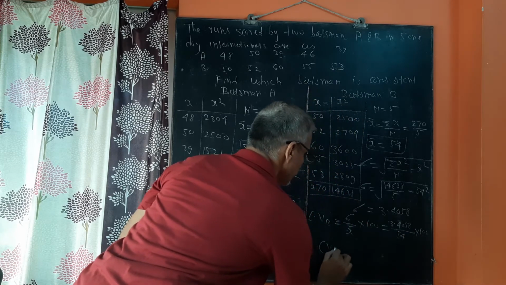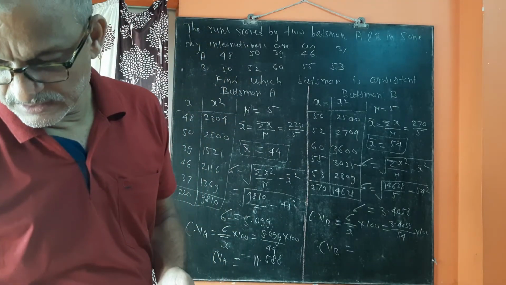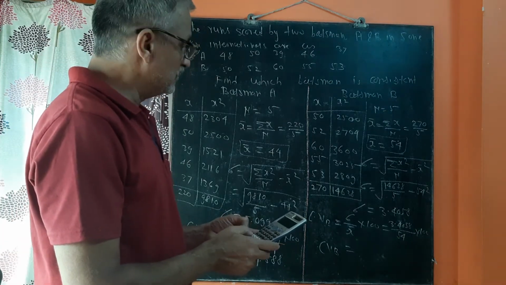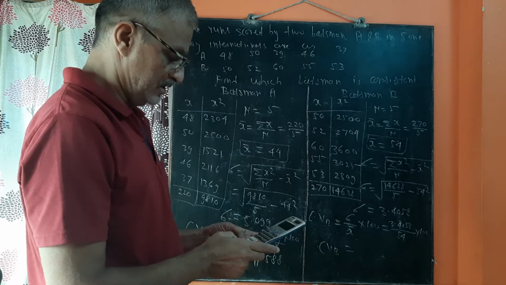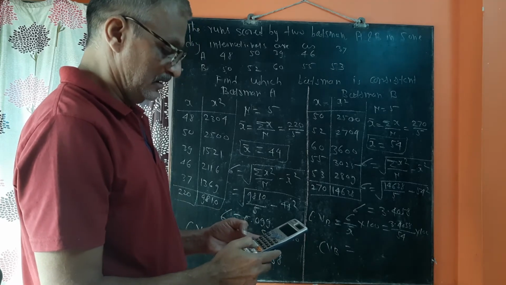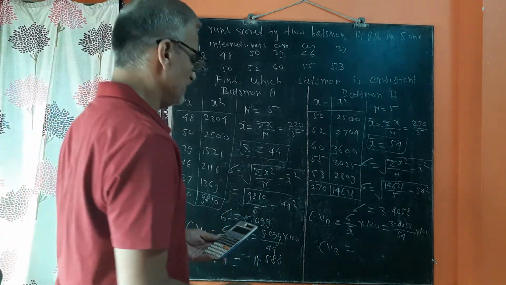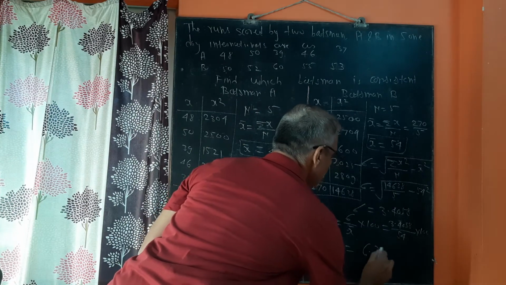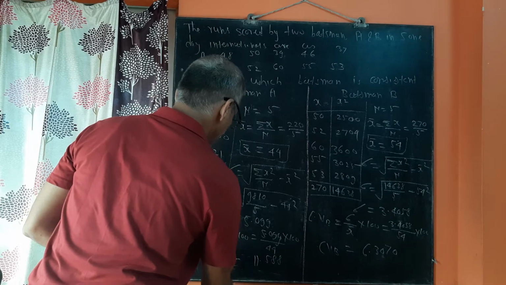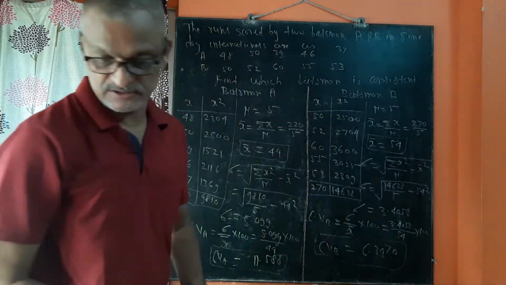If I calculate it, 3.4058 into 100 divided by 54, it comes 6.3070. So CV of A we have got 11.588 and CV of B is 6.3070.